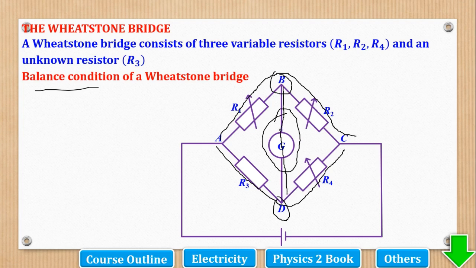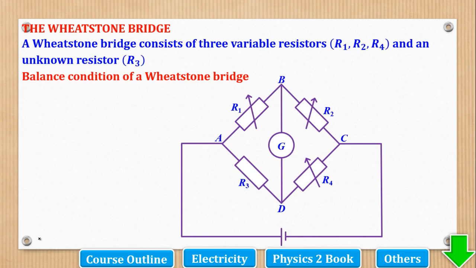That means the galvanometer will show no deflection. That is our aim when we talk about the balance condition of a Wheatstone bridge.